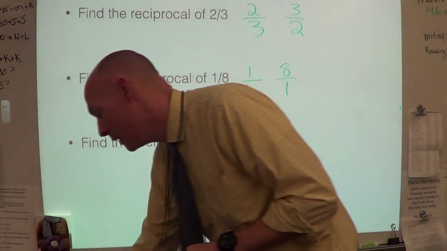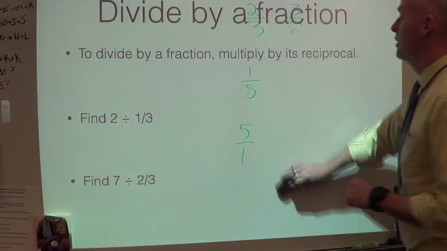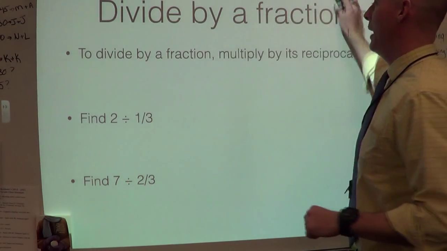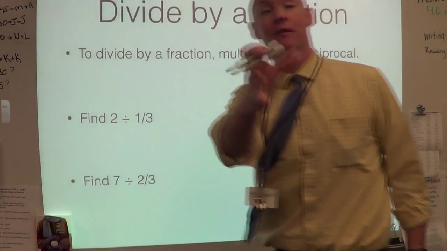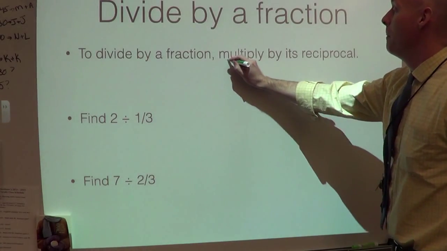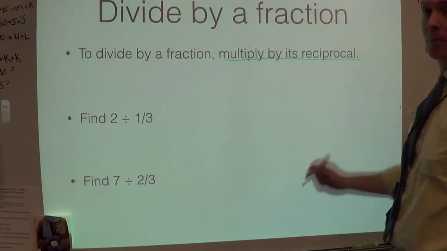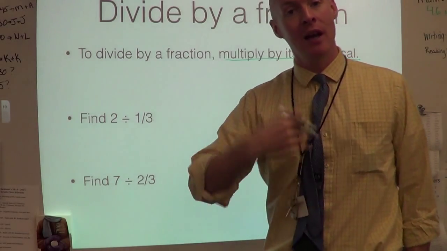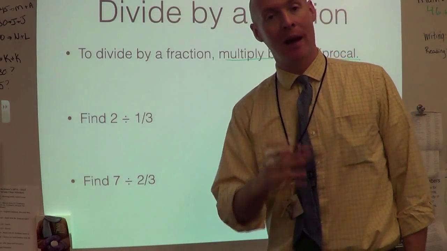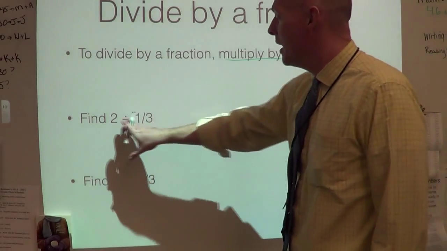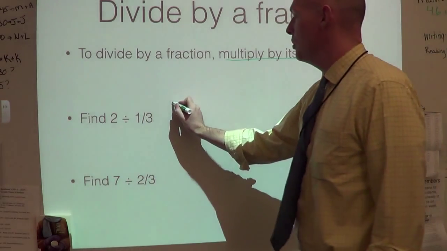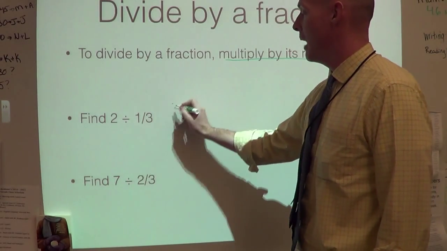So, to divide by a fraction, you have to multiply by its reciprocal. It sounds wacky, right? If we're dividing, why are we multiplying? But I'll show you what I mean. Here I have find 2 divided by 1/3.